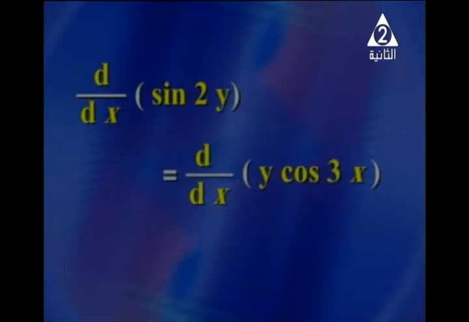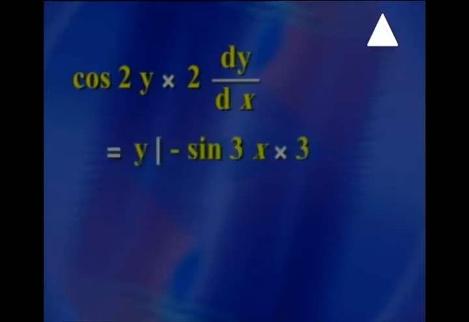Look at the differentiation with respect to x. When we find the derivative of y, we find dy over dx. On the right-hand side, we find the derivative of a product of two functions. The first is y, the second is cosine 3x.